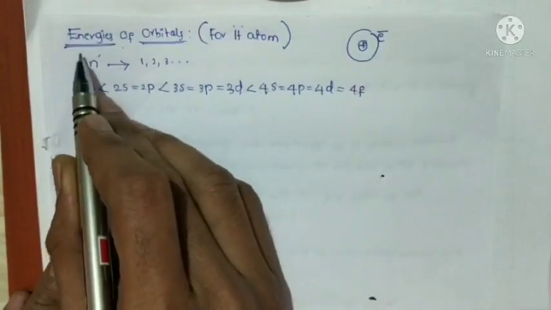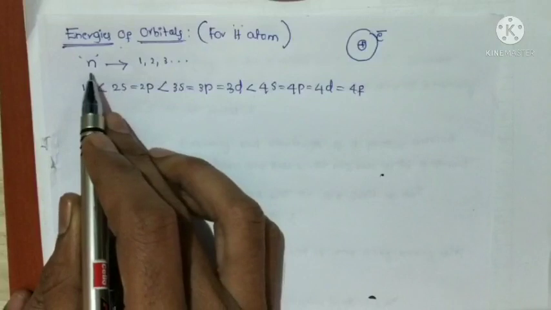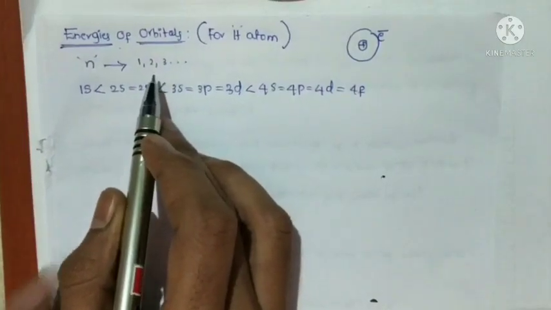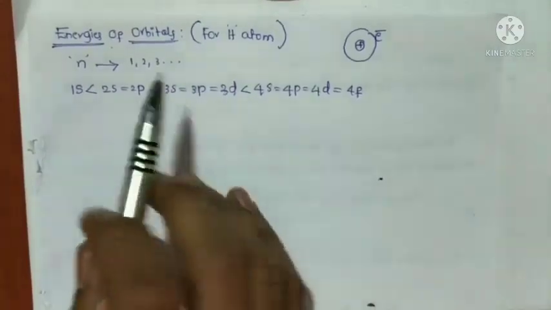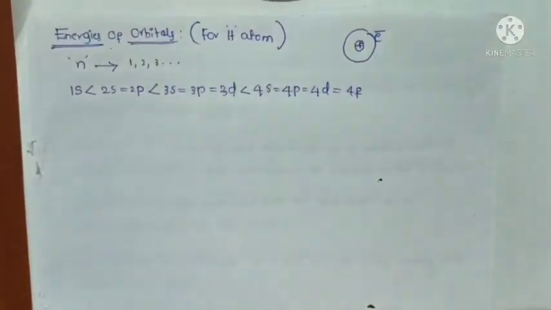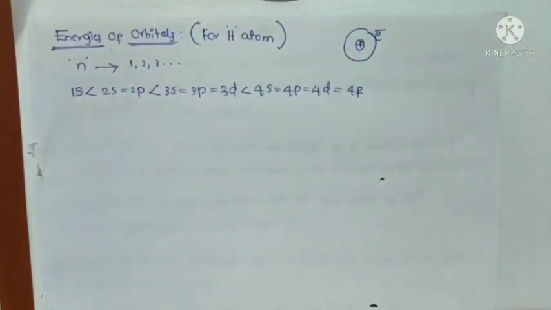So we will see here that orbital energies depend only upon the principal quantum number. This is applicable only for the hydrogen atom because hydrogen is a one electron system.